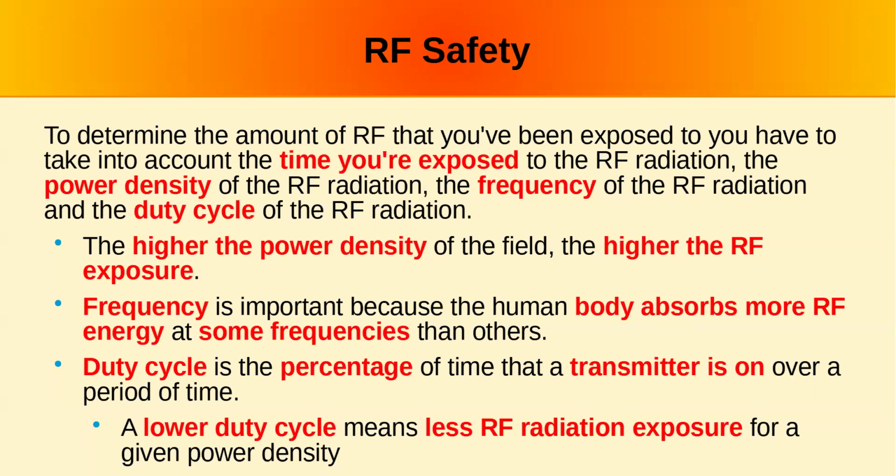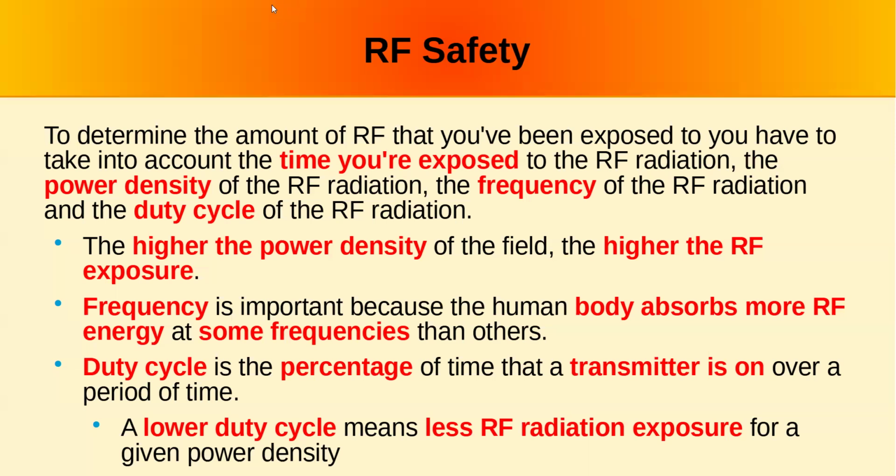And you have to input the power density, and it also includes the type of antenna, whether it's a directional or omnidirectional antenna. And obviously the duty cycle. The lower the duty cycle, the more exposure you can have. And then the frequency is whether you're in that 30 to 300 range.